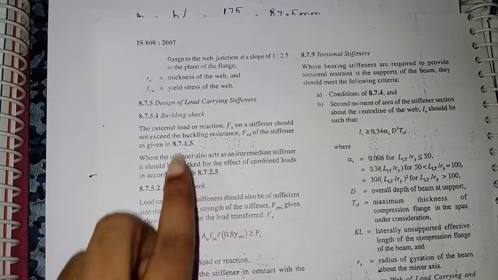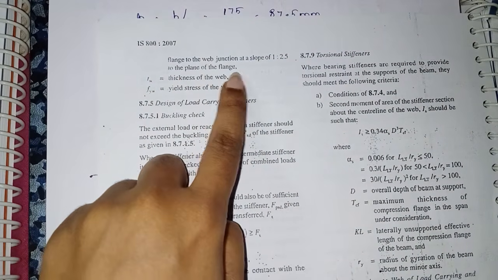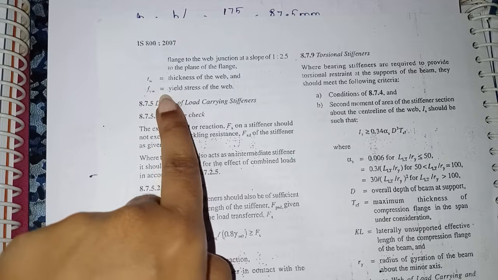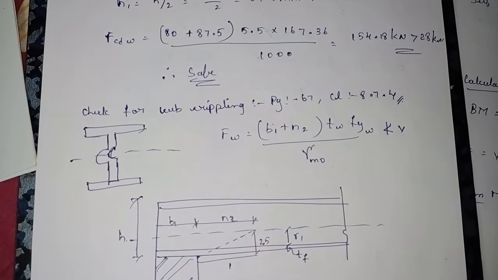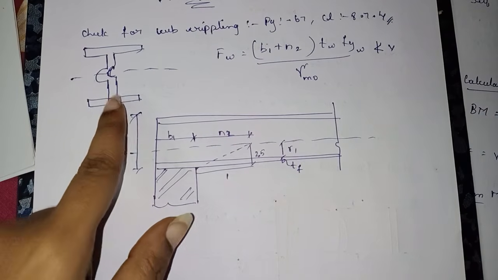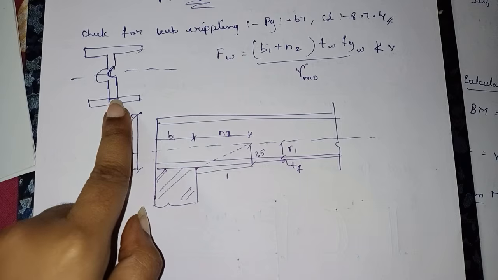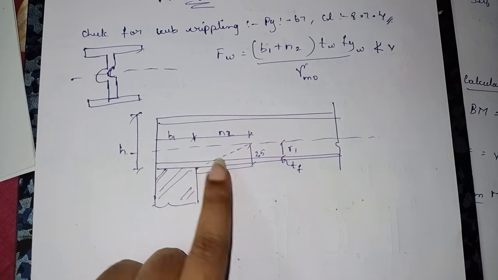That clause is given here. How do you calculate that? Here it is given as 1 is to 2.5 of the plane of the flanges, and the Tw and Fy, so I will calculate it. See here, this is how the crippling will happen. Crippling will be next to your support, that is the joint.